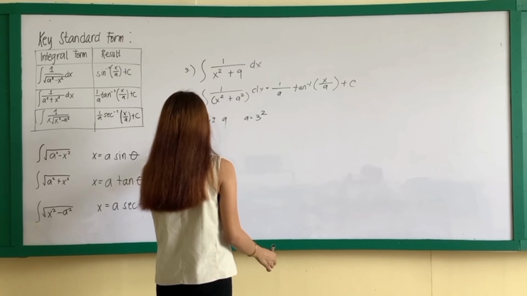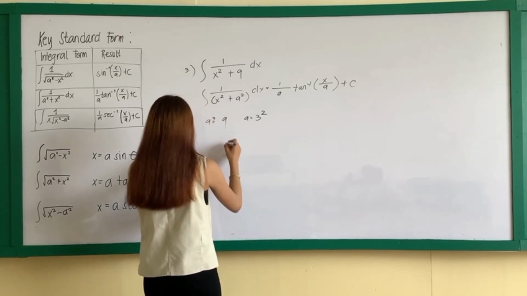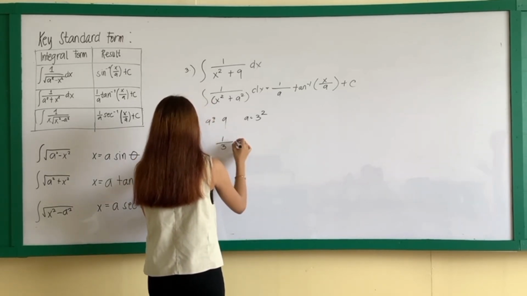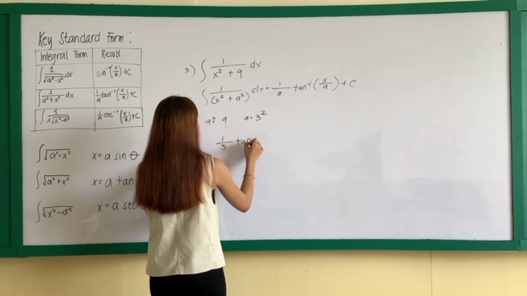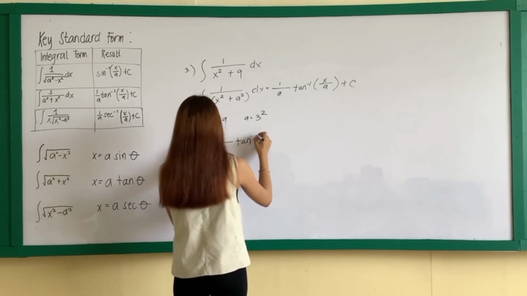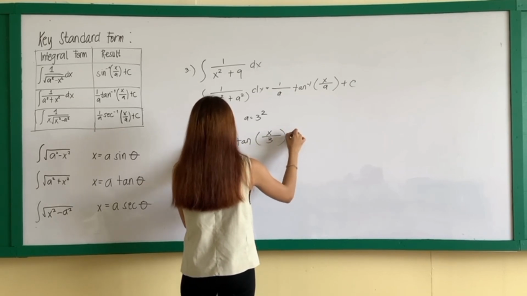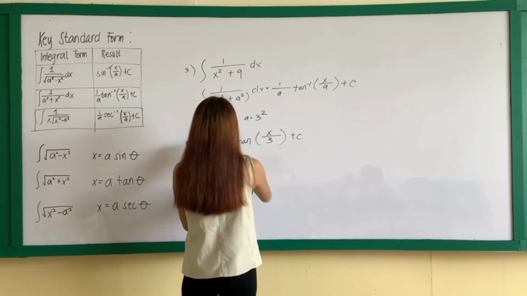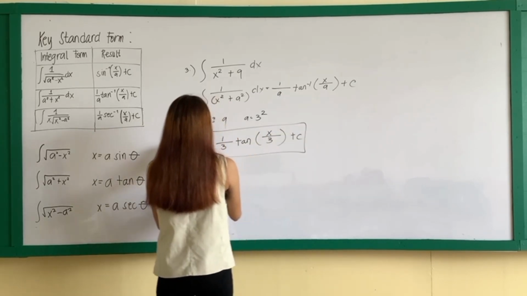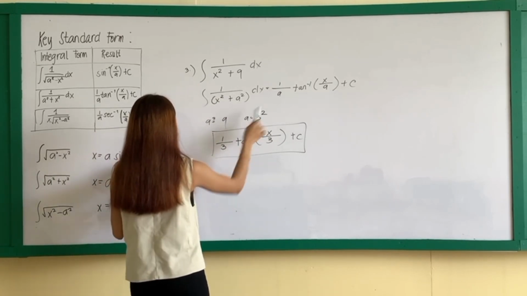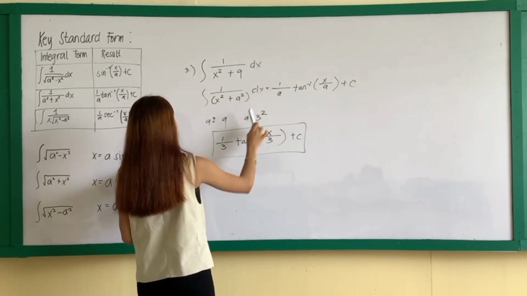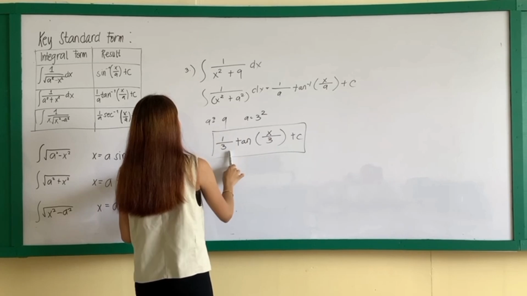So our final answer is 1/3 arctan x over 3 plus C. Our 1 here is the value, and our a is 3, so 1/3 arctan x over 3.